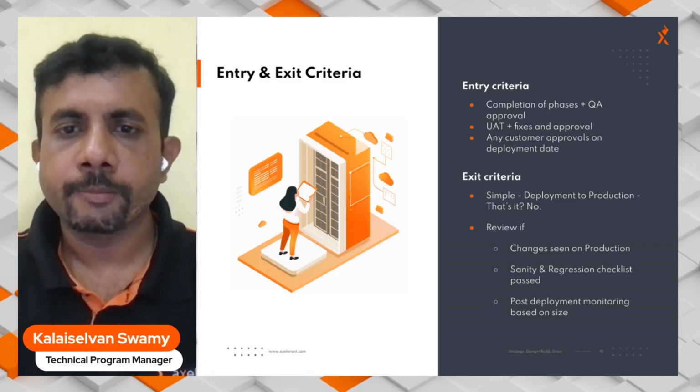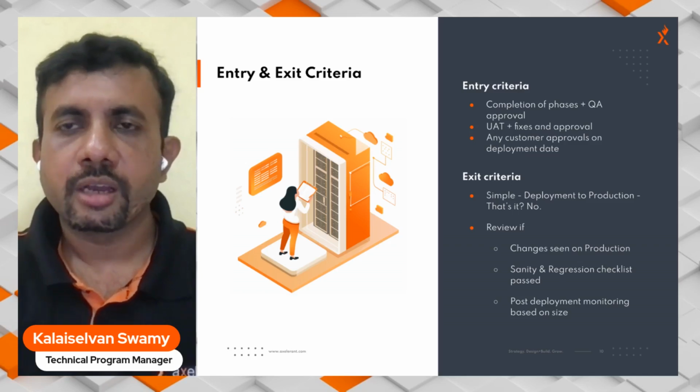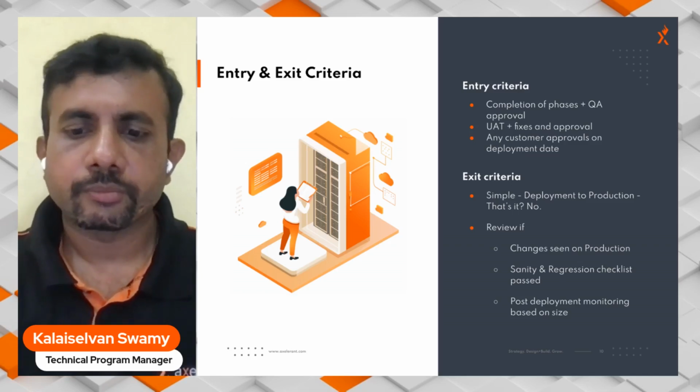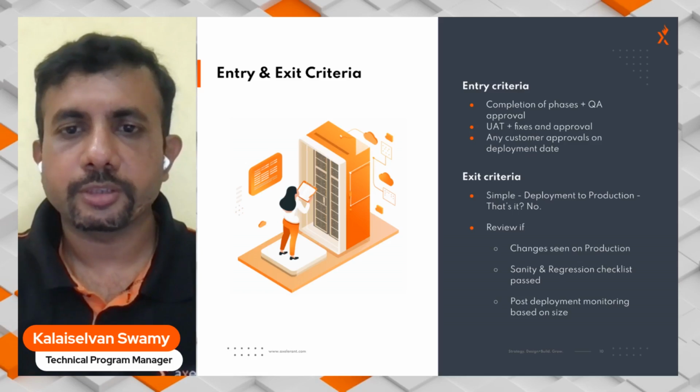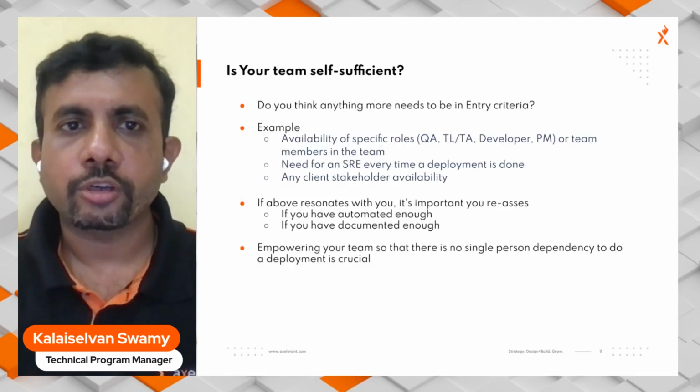If you have deployed a very large number of tickets, it's important that you monitor it for a longer period of time than for smaller deployments. So I want to ask a very important question here: is your team self-sufficient, particularly for deployments?